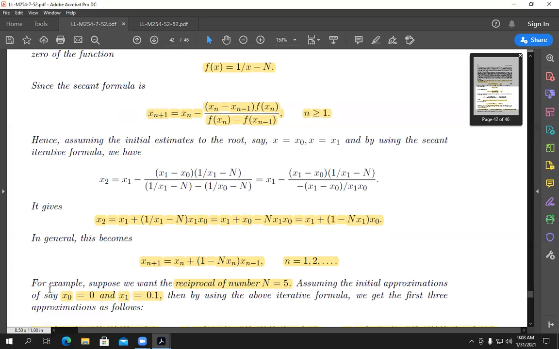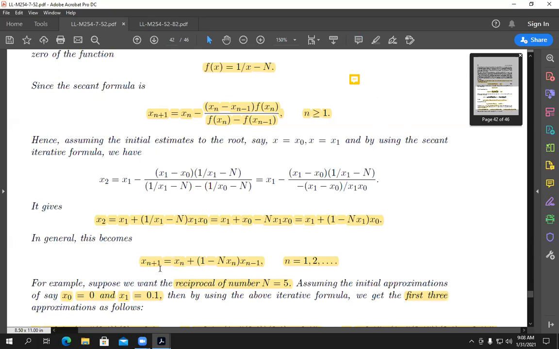I say use this formula to find the first three approximations. And first three approximations mean, what is x1? Well, sorry, here n is equal to 1, not 0.